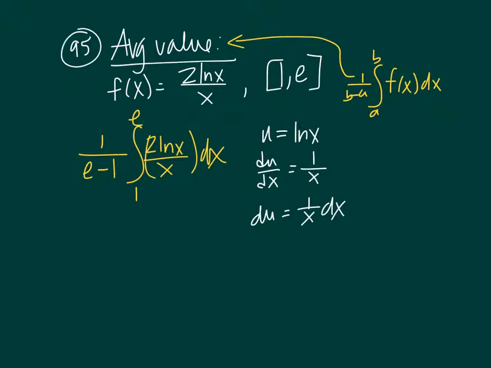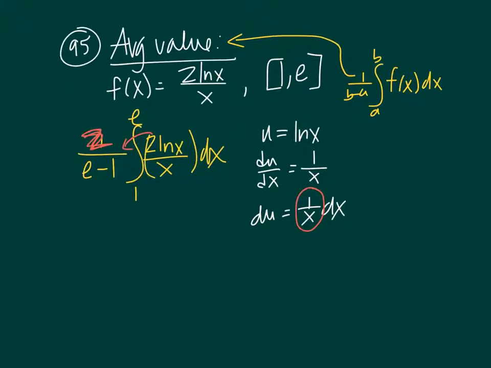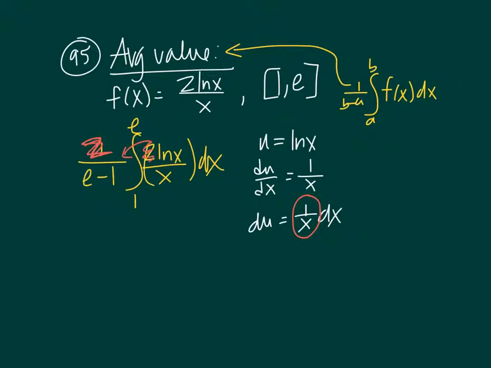So technically I could take that 2 and put it out here. So 2 times 1 and have a 2 right there. And then if you imagine having a 1 here, there is my 1 over x right there. So it already has 1 over x dx in it. So I'm going to have 2 over e minus 1 of the integral of 1.